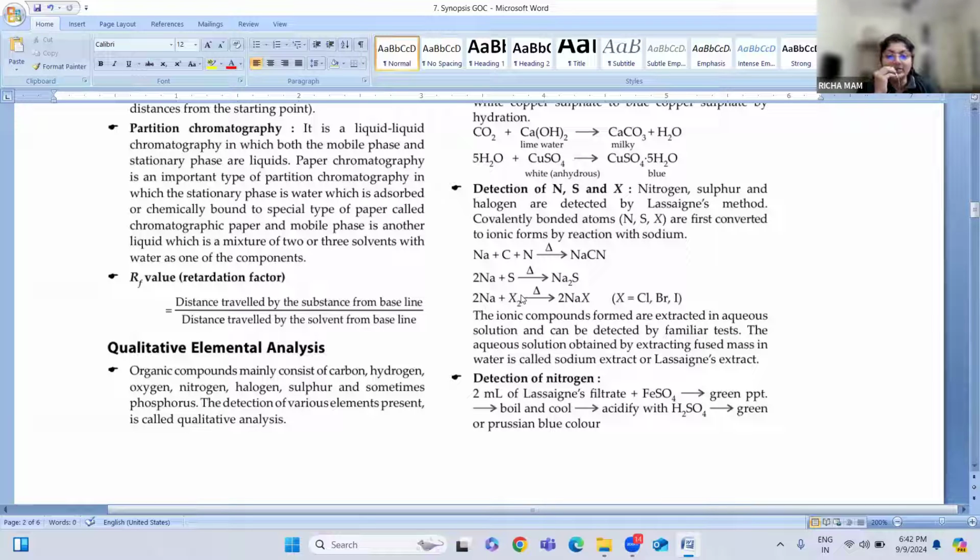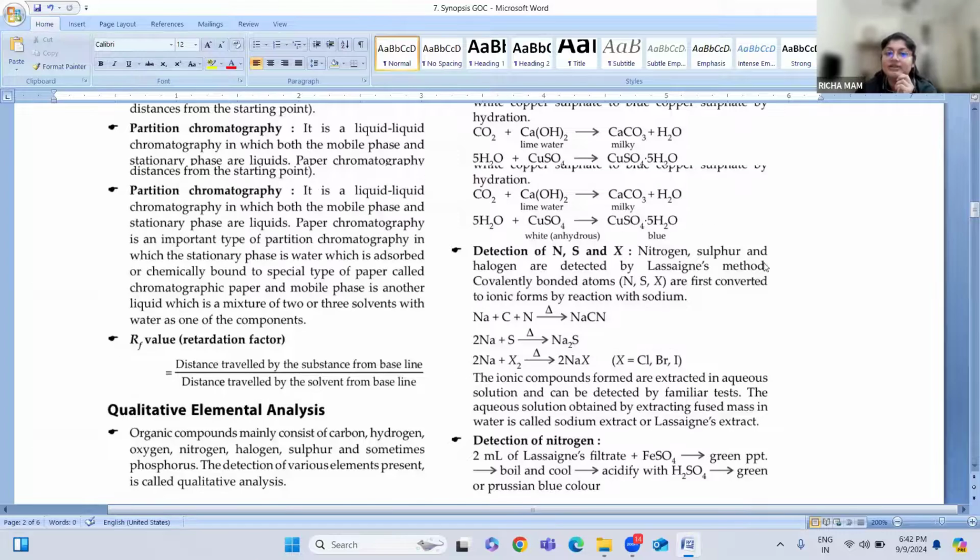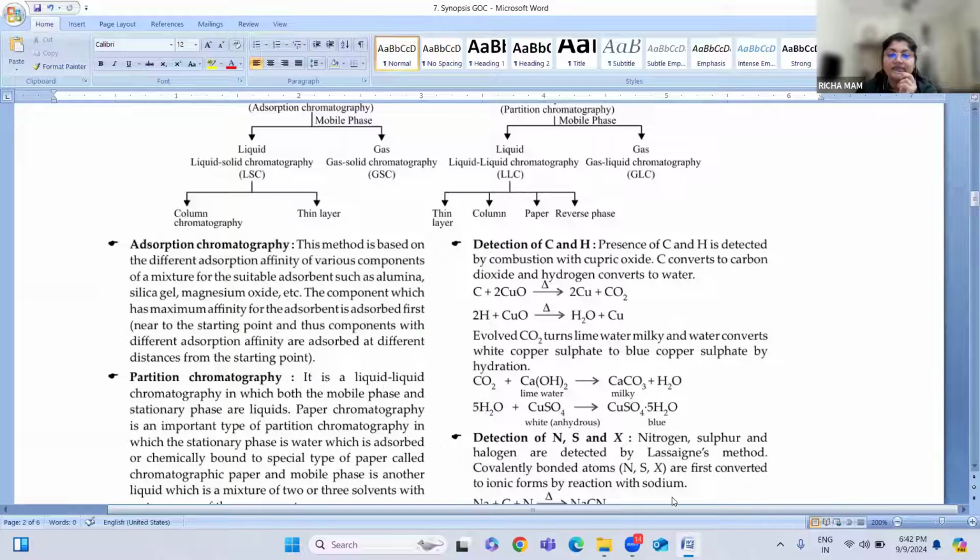These are the different elements present along with carbon. Now how to detect the presence of these elements? This can be done by qualitative analysis.